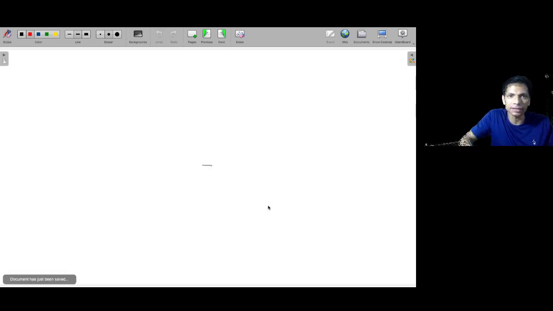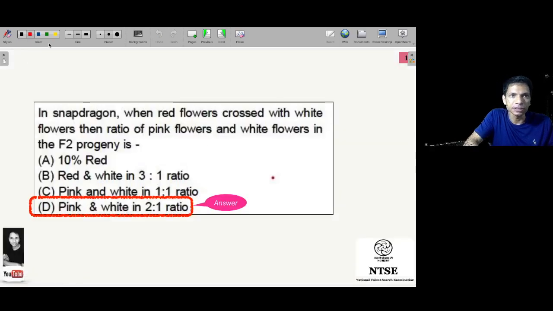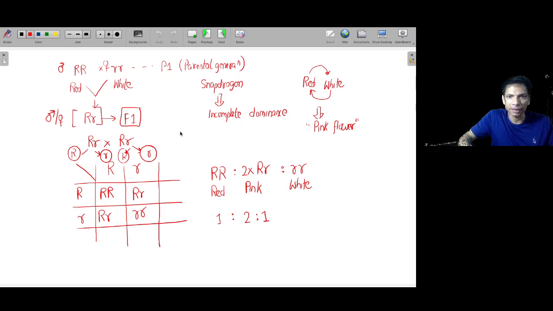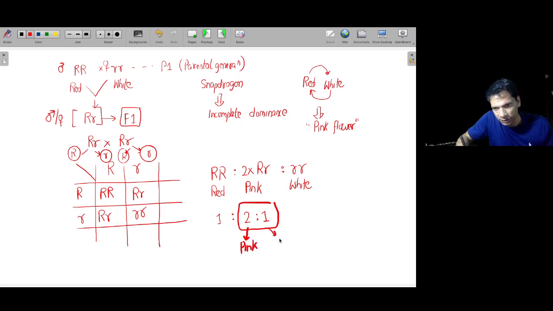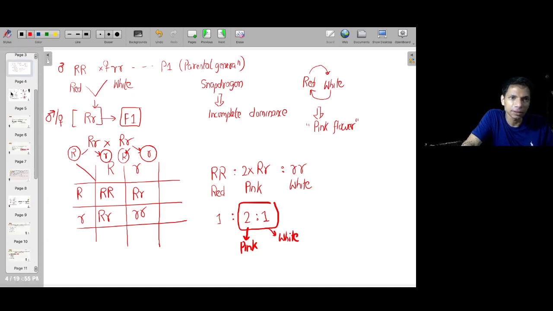The question is asking for the ratio of the pink flowers and the white flowers, so that is 2 is to 1. This is the pink, this is the white. So we'll move to the next question.